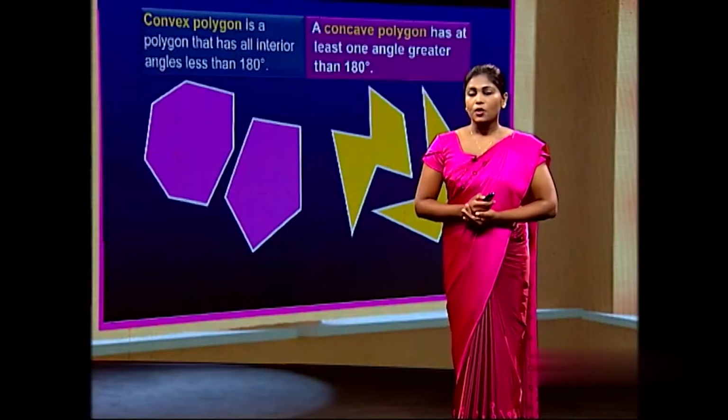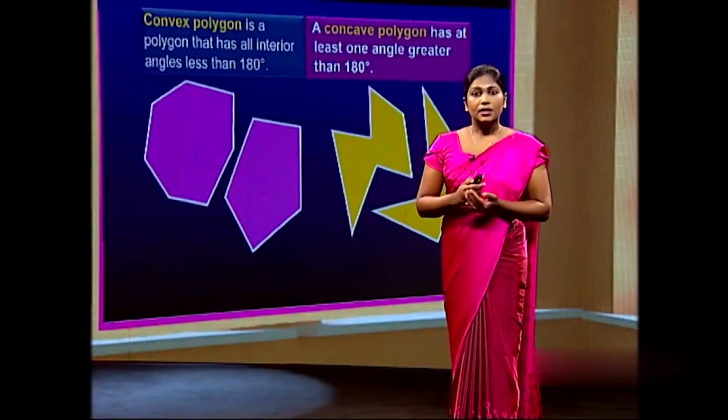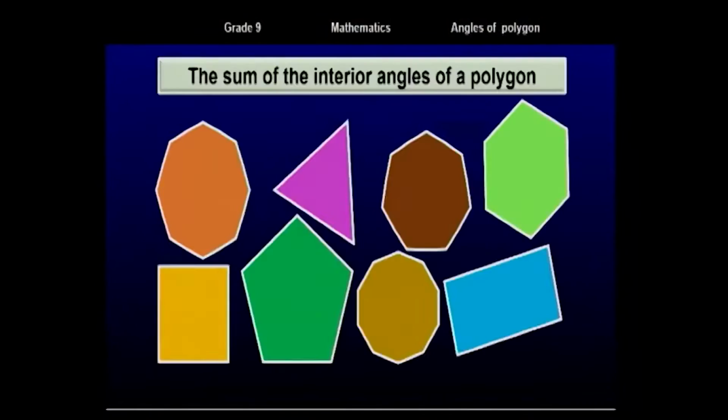Then we have to talk about the sum of the interior angles in a polygon. In previous grades, that means grade 7 and 8, you learned about the sum of the interior angles of a triangle and a quadrilateral. Today we also learn about the sum of the interior angles, but in a polygon.